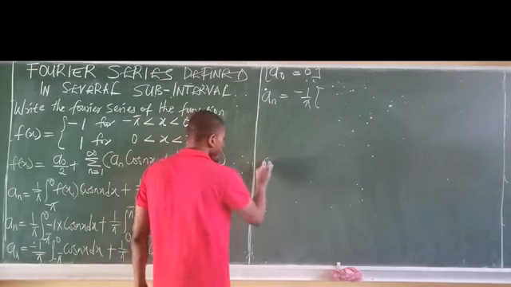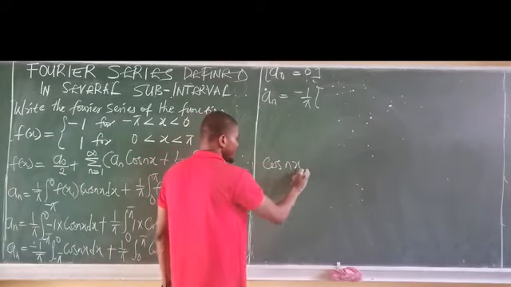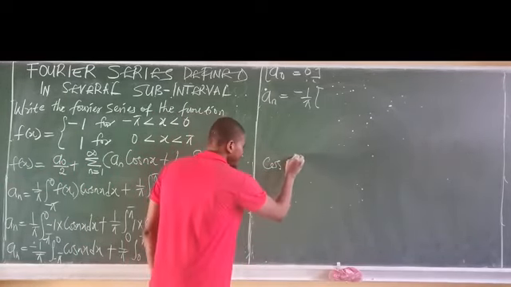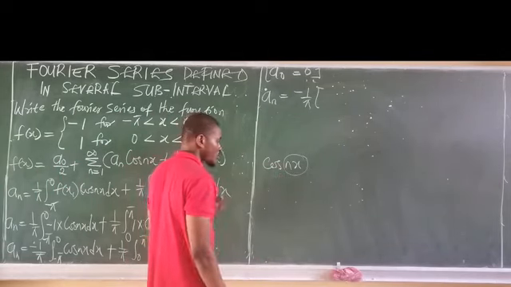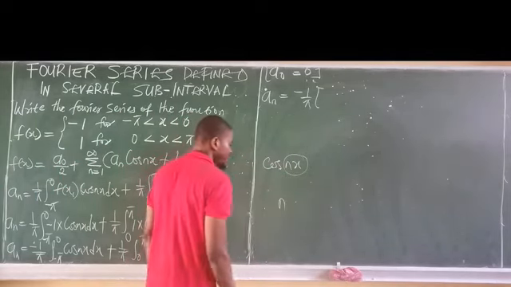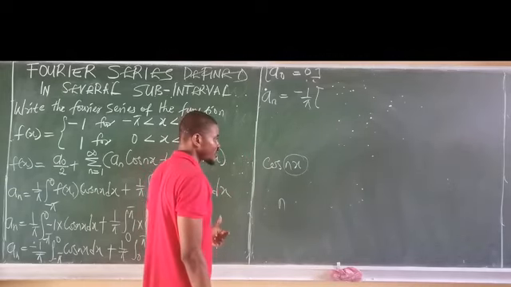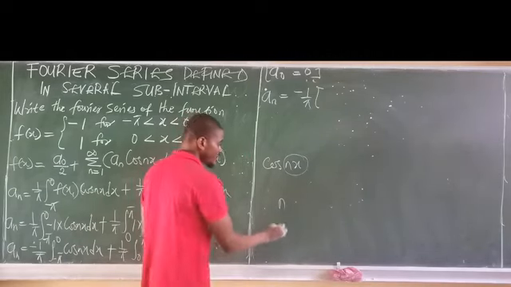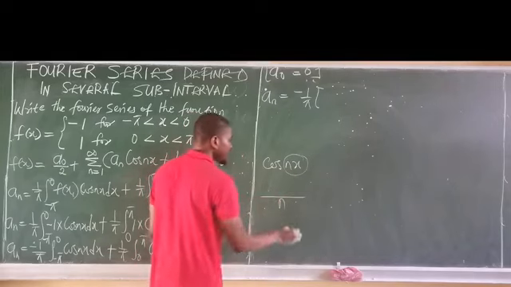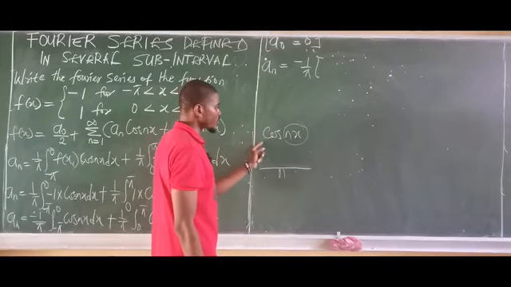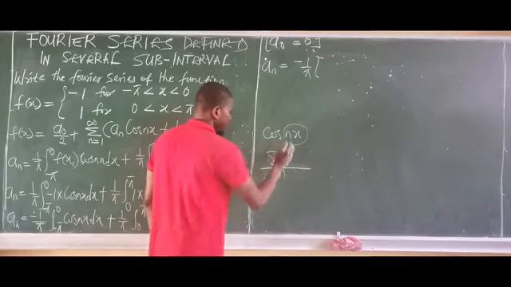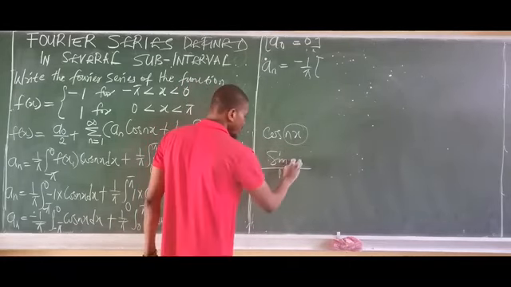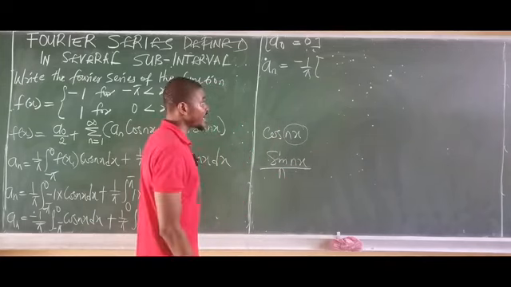I have cos nx. Okay, so nx here stands for the angle. If I differentiate nx with respect to x, I will simply have n. Use this derivative to divide the integral of a trig function. If I integrate cos, I'm going to have sine. Then put back your angle nx. It's as simple as this.